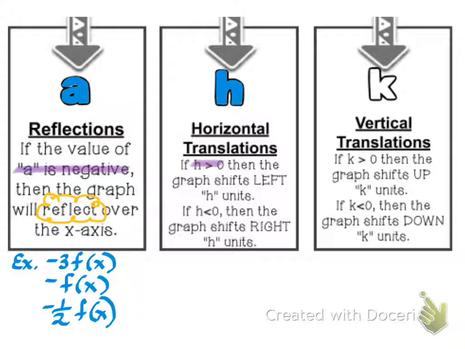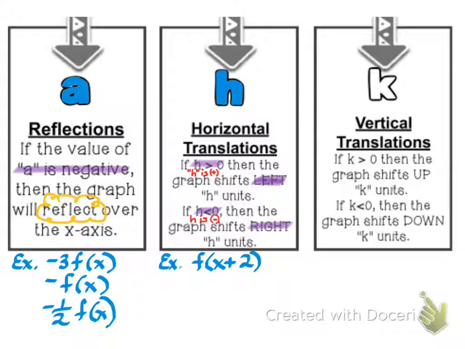So horizontal is also left and right. So when H is positive, and you can write that in, the graph is going to shift to the left. It's a little confusing. You would think that it would go to the right, but it actually goes to the left, and there's a reason for that. If H is negative, then it's going to move to the right, H units.